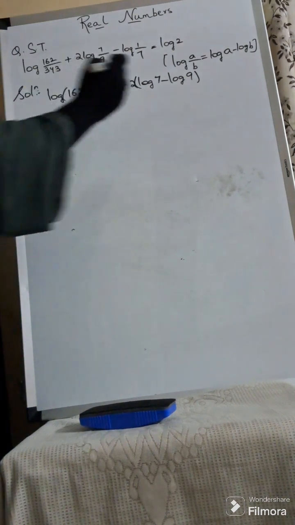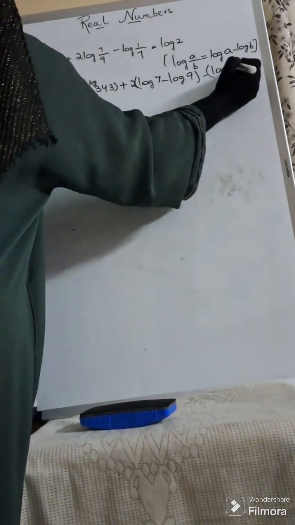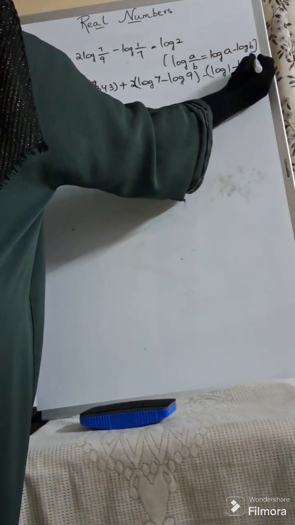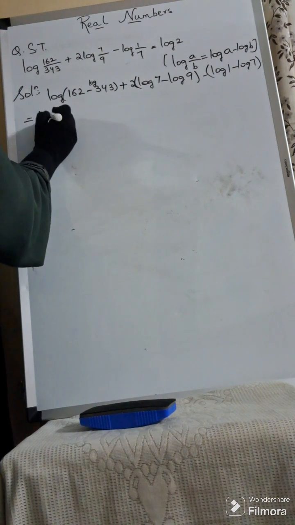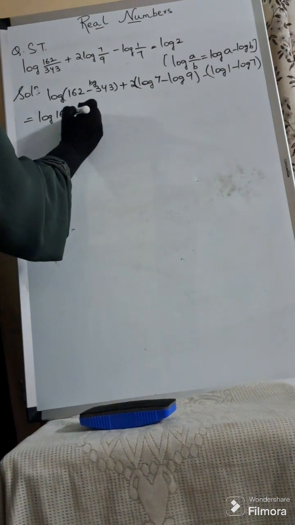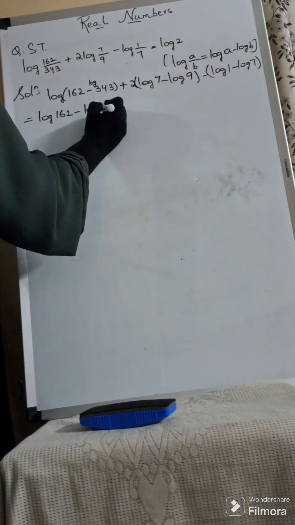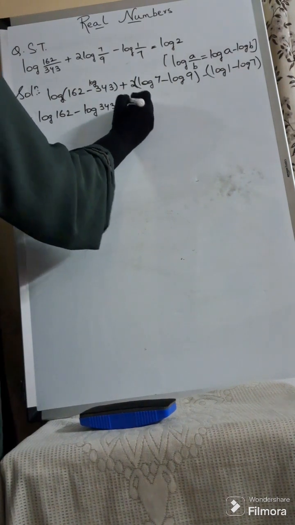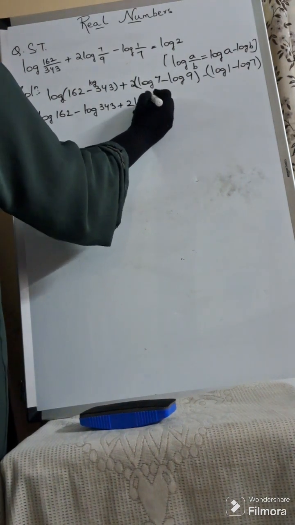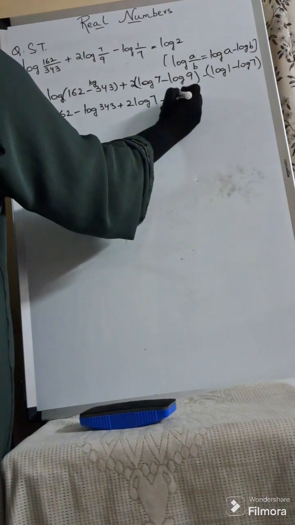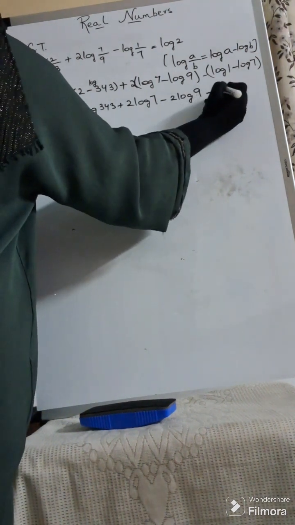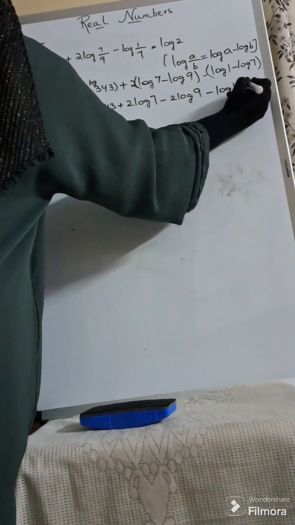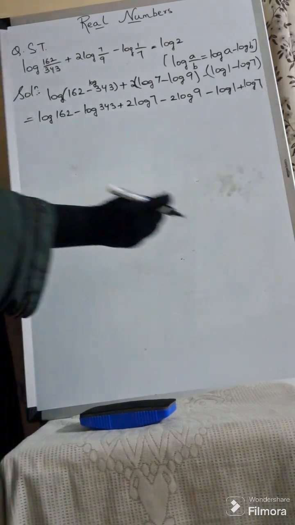Okay. Next, minus log 1 minus log 7, right? So this will be equal to log 162 minus log 343 plus 2 log 7 minus 2 log 9 minus log 1 plus log 7.